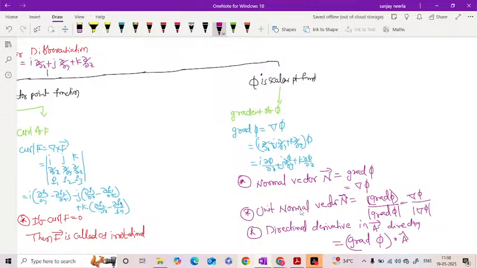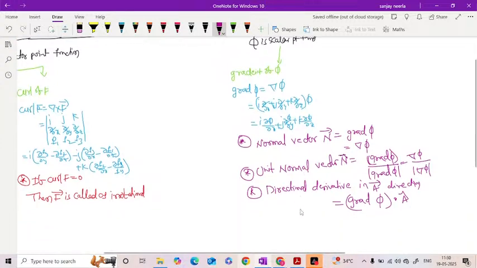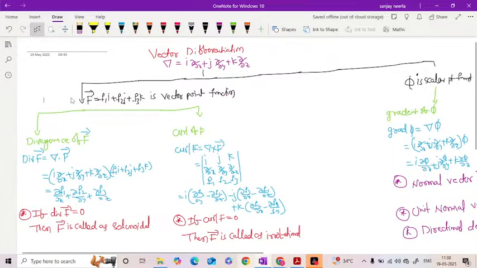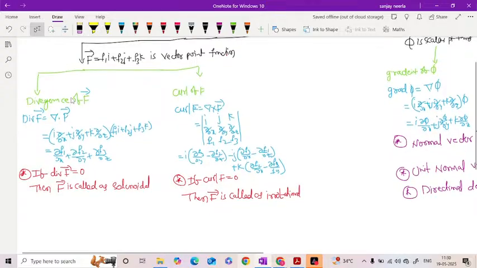And what is the previous one? The previous topic is the scalar potential field. Scalar potential field is related to the vector point function and scalar point function. That means just join these two.